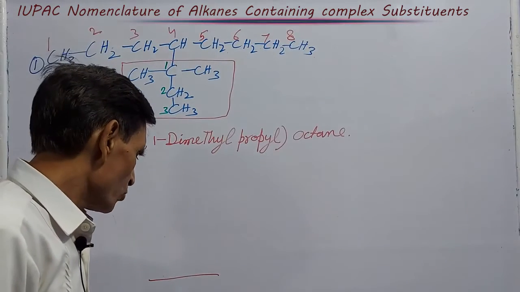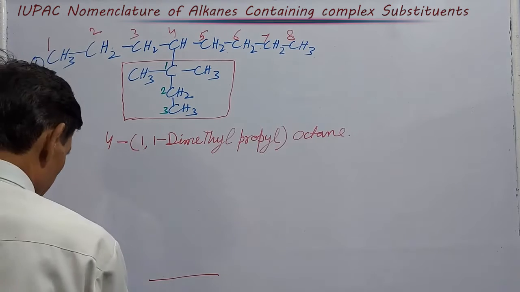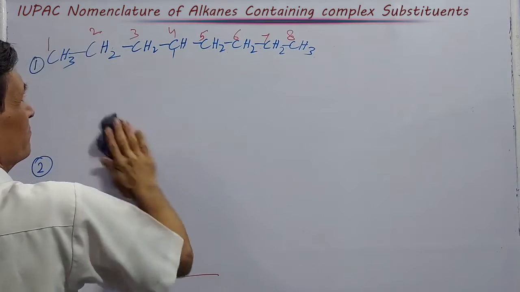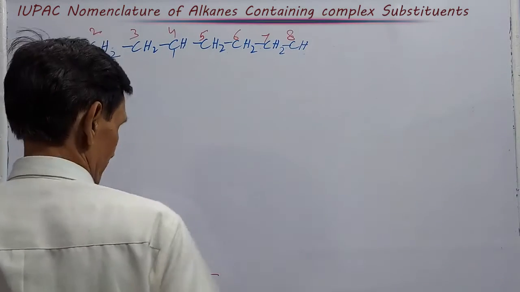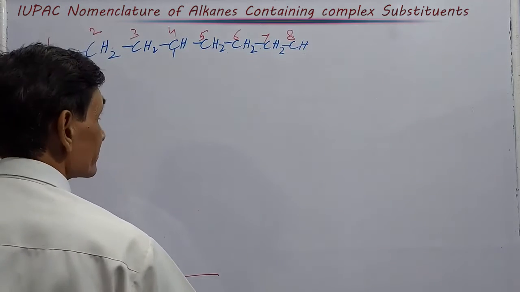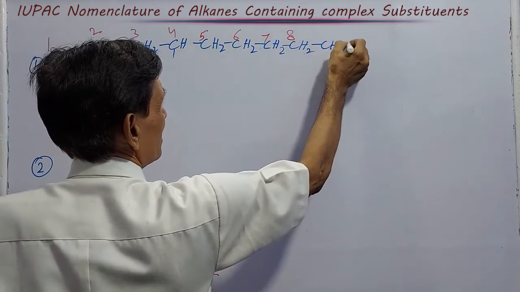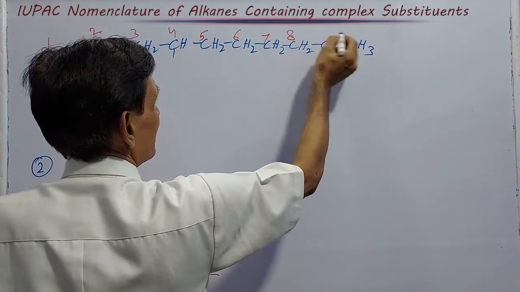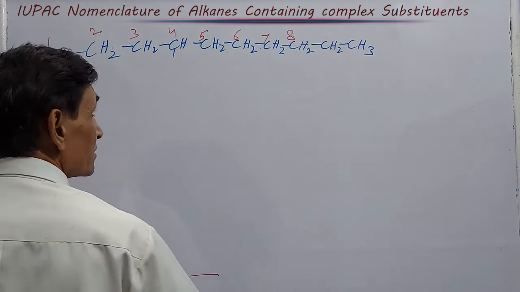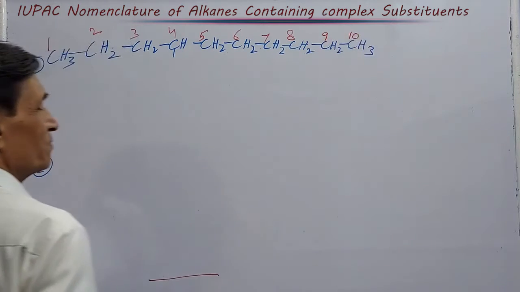Let us see one more example for that. I am just increasing the chain length also. CH2, CH2, CH3, 8, 9, 10. Now a slightly bigger chain I have selected so that you can understand.